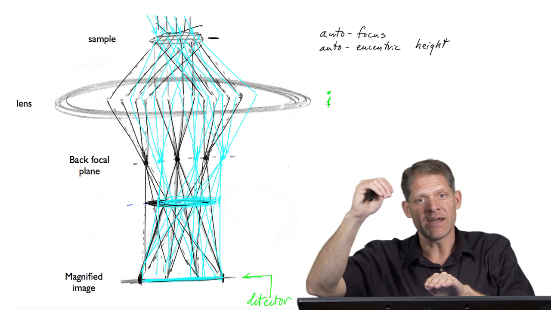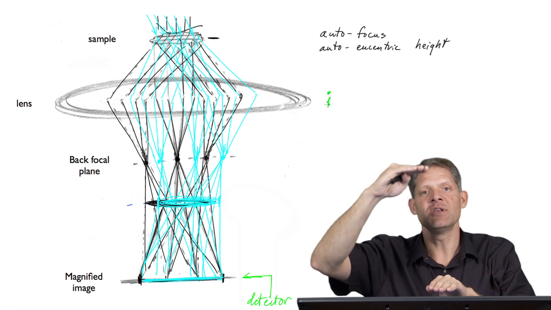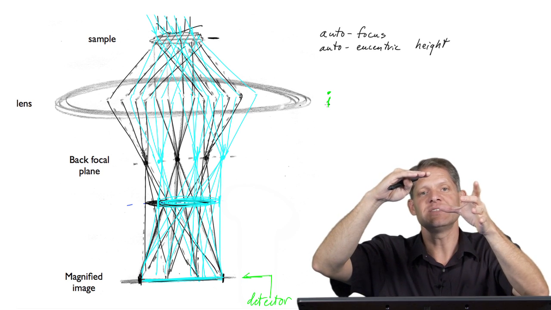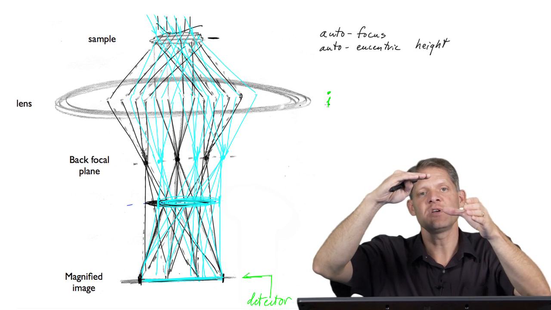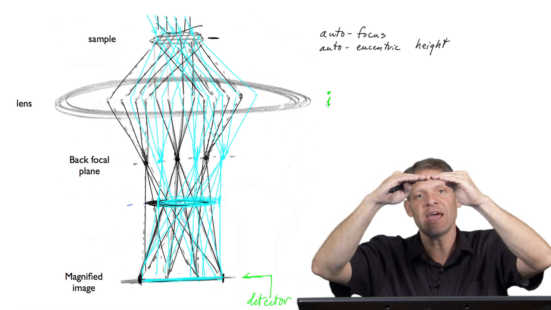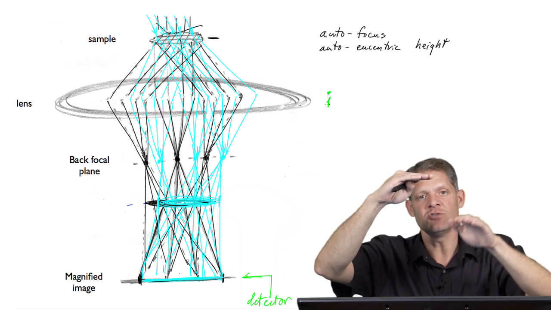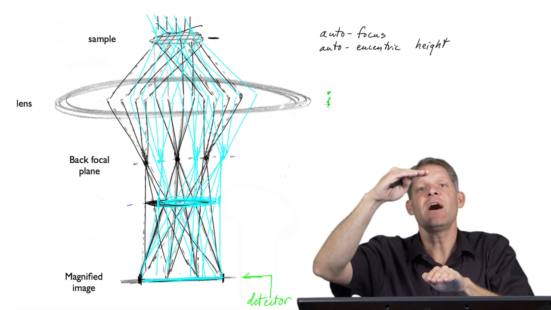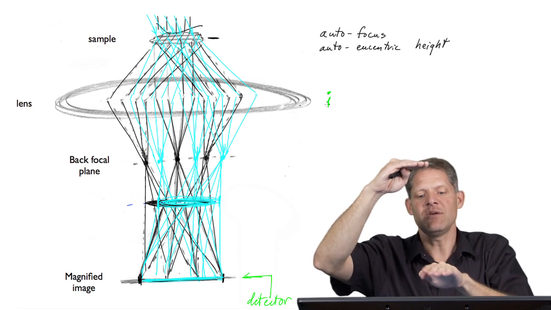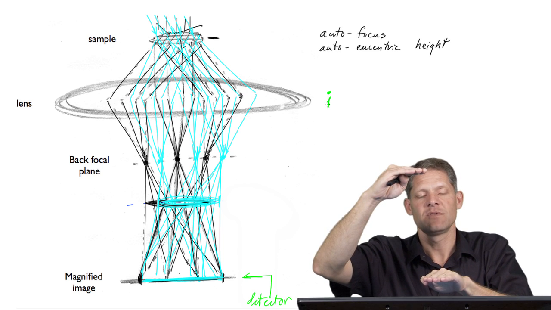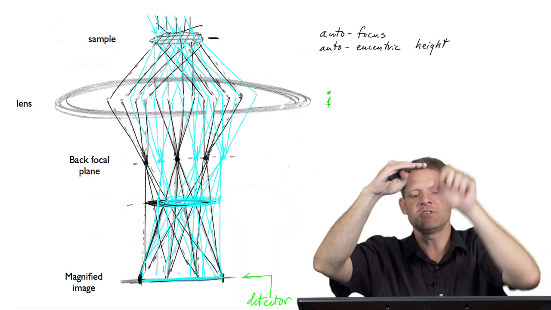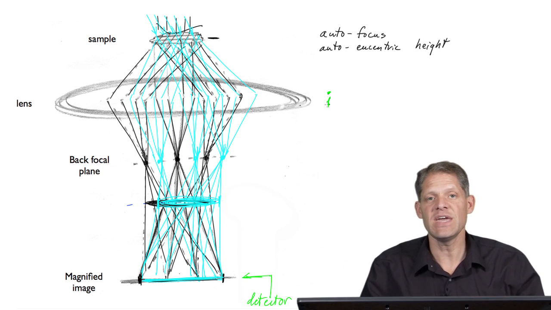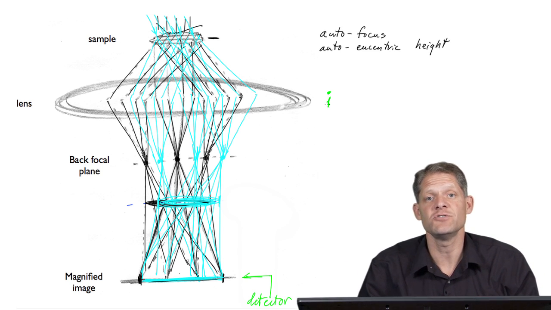That will be minimized when you've moved the specimen to the eccentric height, because your objective lens is set with the current that's required to take an object at eccentric height and produce a focused image on the detector. If your sample is not at eccentric height, then the image will not be in focus, and if you beam tilt, you'll see the image rocking back and forth. And so that's a way to simultaneously set autofocus and auto-eccentric height.